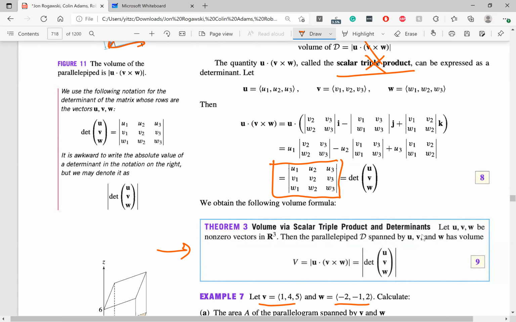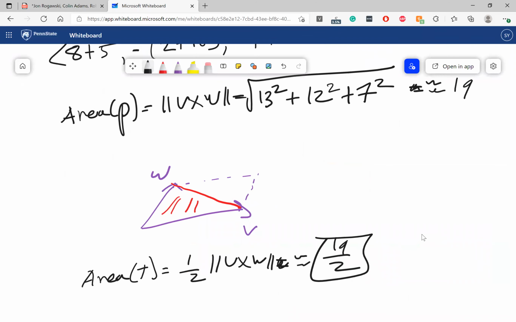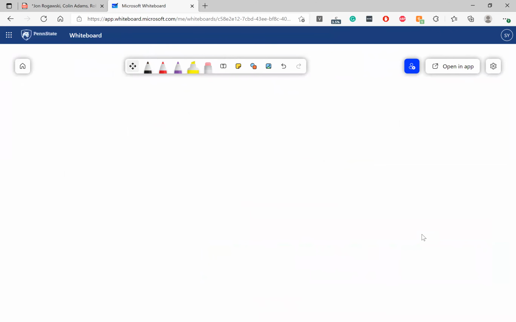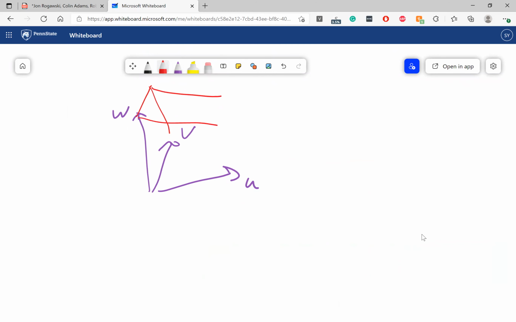That's what we want to actually remember. So if I have 3 vectors that create a parallelepiped, let's say it's U, V, and W, and they create some type of, okay, not drawn great, but a parallelepiped.